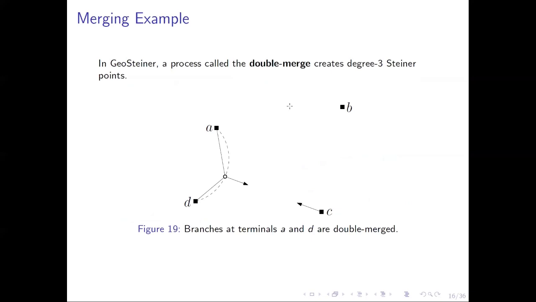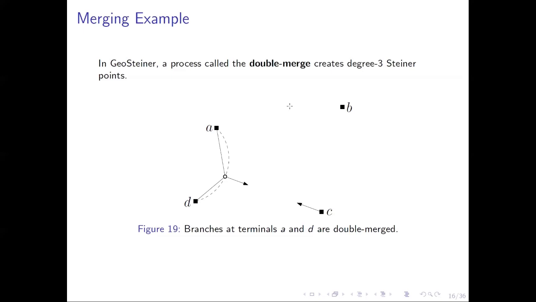So what does a double merge do? It combines these 2 branches. It generates a single 3 Steiner point and a range of rays, which shows where it can merge next. We've done that, and it turns out that within this range of rays, you have a suitable ray. That means that you can merge with this branch coming out of terminal C.